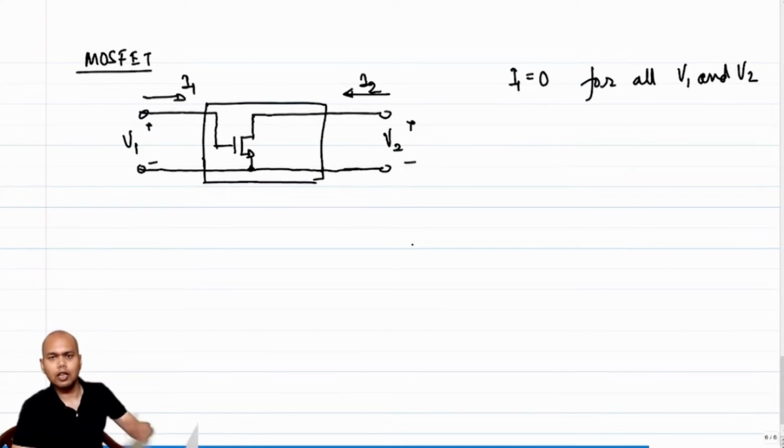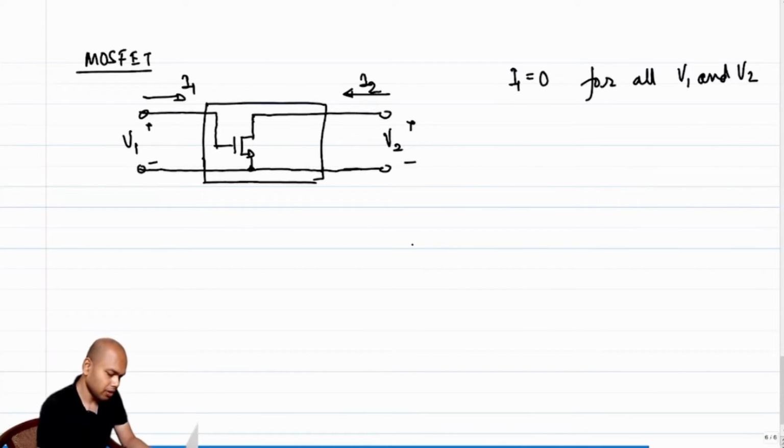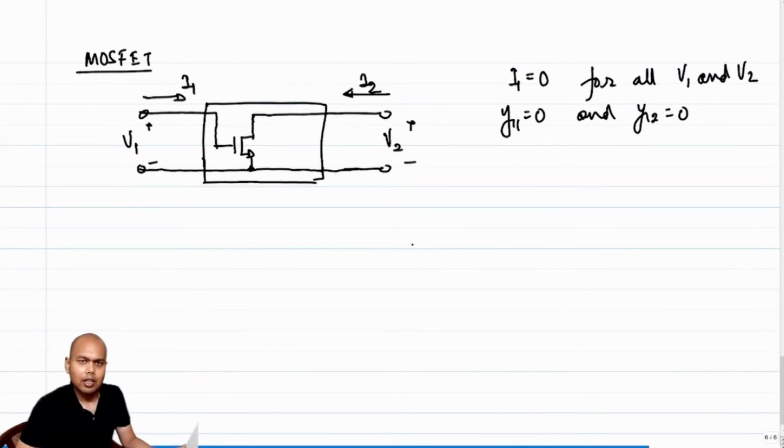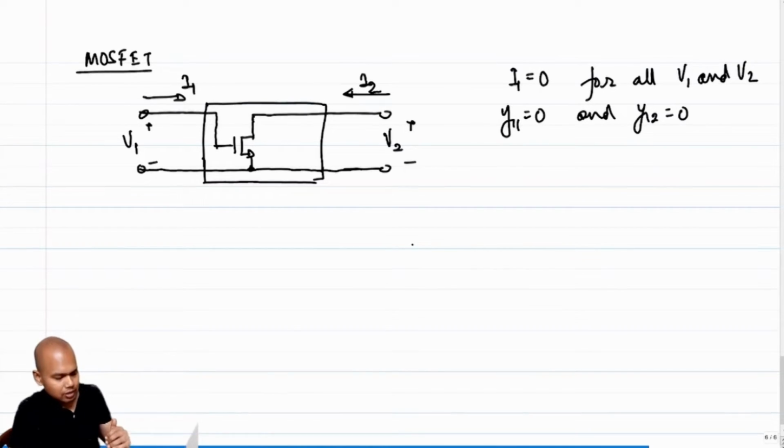This is just how the device is. So that makes life pretty simple. Since I1 is equal to 0, Y11 is equal to 0 and Y12 is equal to 0. We don't have to bother about different slopes at different operating points as far as the input characteristics are concerned, that is, the slopes between I1 and V1 and I1 and V2.